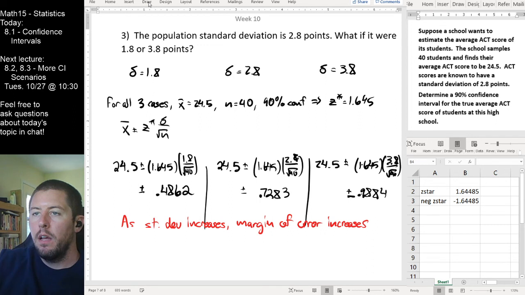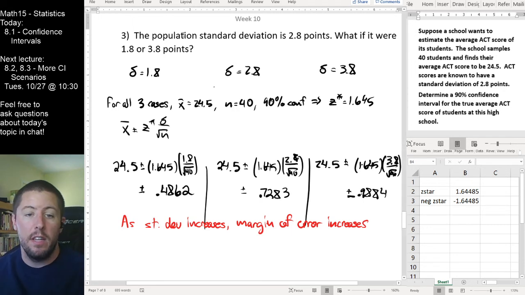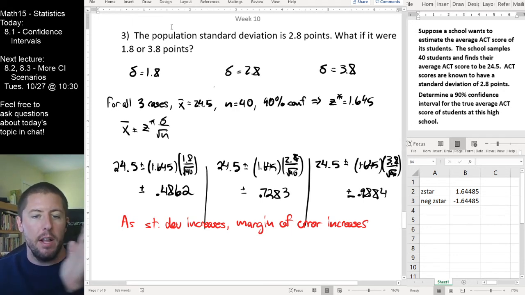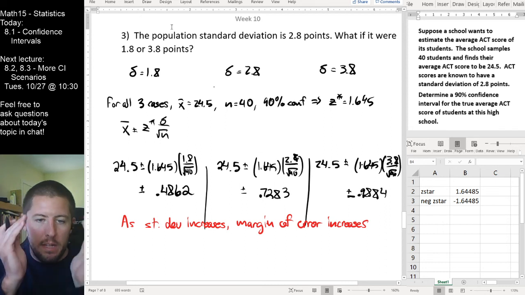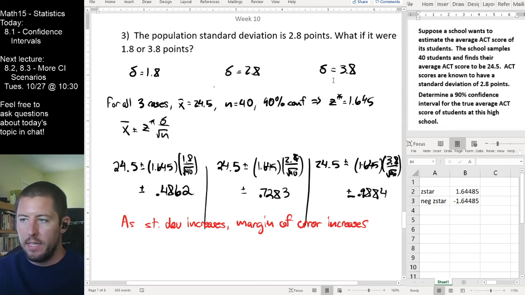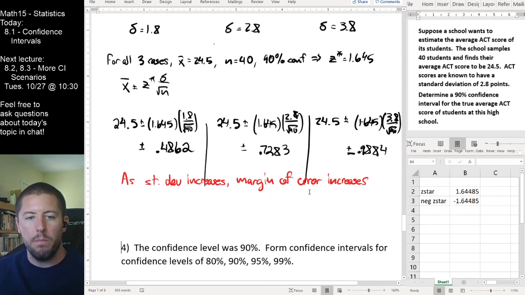That says if our samples vary quite a lot, then we shouldn't just be trusting our point estimate to be a good estimate for mu. If our samples vary a lot, then we might want to be claiming a wider interval out there, and that's exactly described here. If we have more variation in our observations, sigma is large, then we should see a large margin of error surrounding our point estimate. Hopefully that makes intuitive sense.